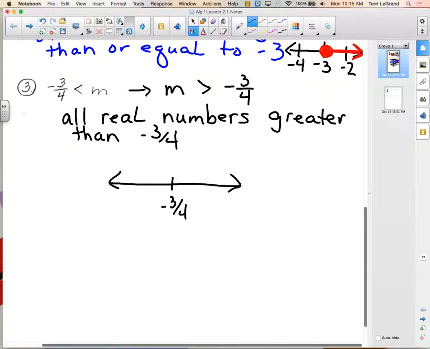What is the integer closest to -3/4 off to its right? 0. Which one is it closer to? It's closer to -1. So we're going to put -1 pretty close to it. And then, how many sections are we going to need to go to the right from -3/4? We need to go to 0.